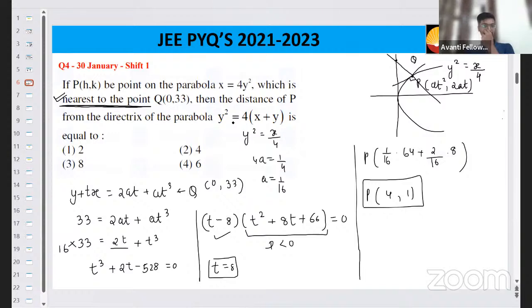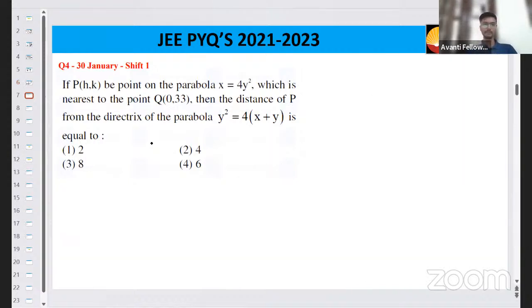Now, this is again a non-standard parabola, so we'll have to use the completing square method. The parabola will be y square is equal to 4x plus 4y. So y square minus 4y is equal to 4x.